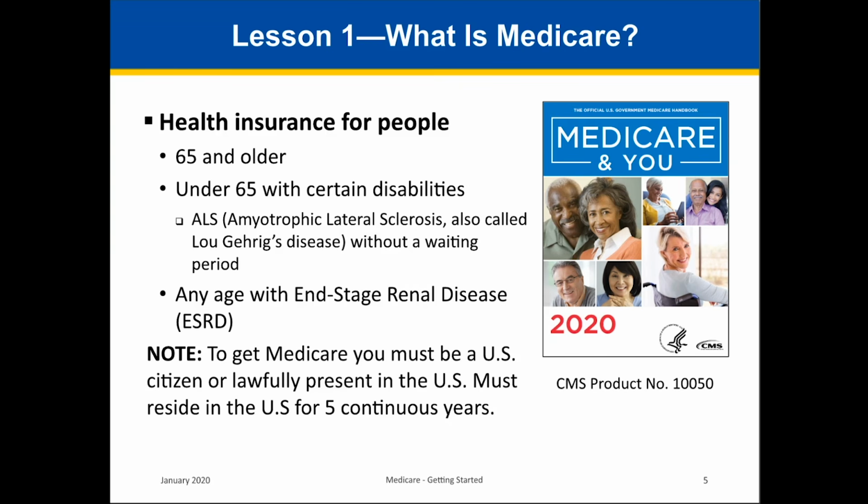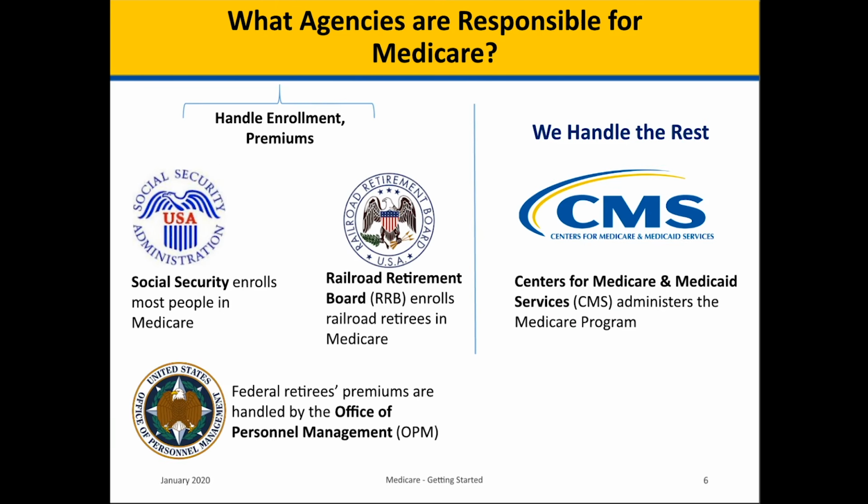Next page. What agencies are responsible for Medicare? Social Security is responsible for enrolling those people into Medicare, and the Railroad Retirement Board is responsible for enrolling railroad retirees into Medicare. Social Security and Railroad collect premiums and determine the amounts of the Part A if you have to buy it, and Part B premiums.